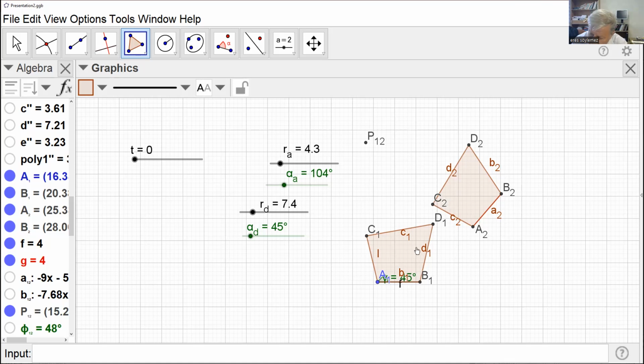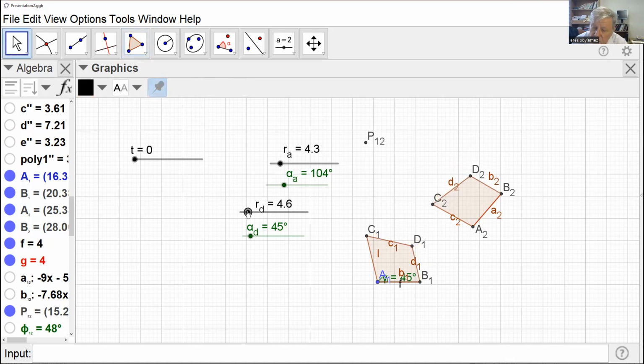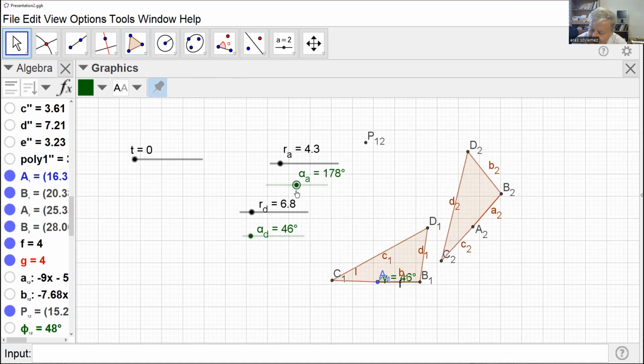Again, I will repeat my process. You see, we're using these 4 parameters. Now these are my parameters. I can change my parameters and obtain different locations for C and D, for the moving pivots. I can do it like this.